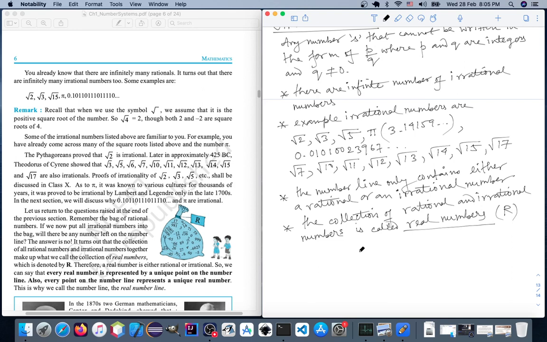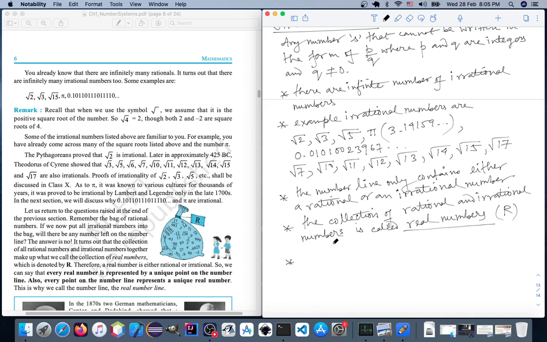So, now we see that the number line we have studied so far will have either a rational number or an irrational number.